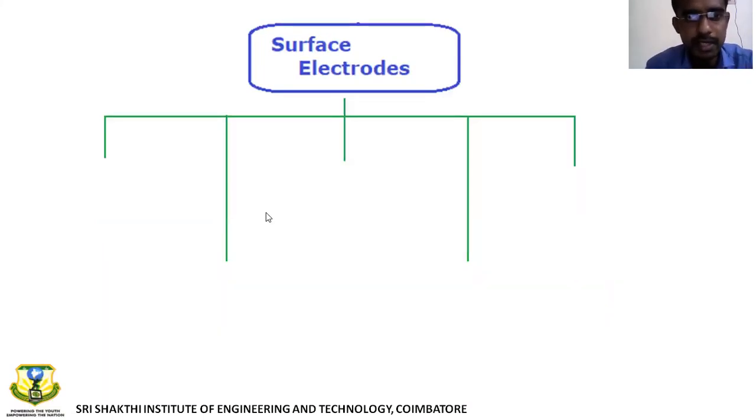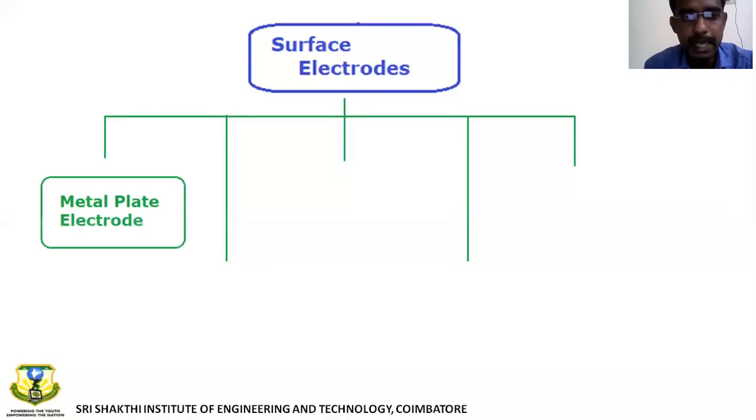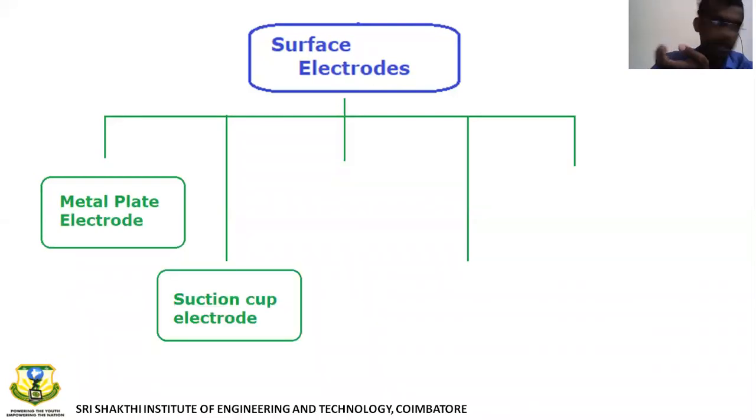For surface electrodes, there are 5 different types. The first one is the metal plate electrode. On the top of the body, when they use a metal plate, you call it a metal plate electrode. The next one is suction cup. You would know what a suction cup is, I'll show you, right?